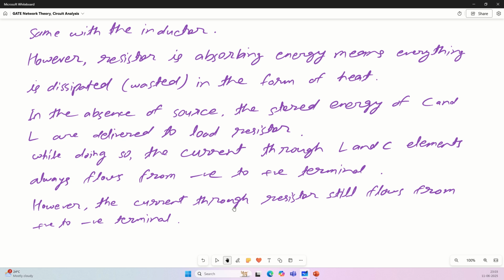However, the current through resistor is still, like in the first case also, from positive to negative, and in this case as well it flows from positive terminal to negative terminal. So in that case, we can write down some terminology like this.